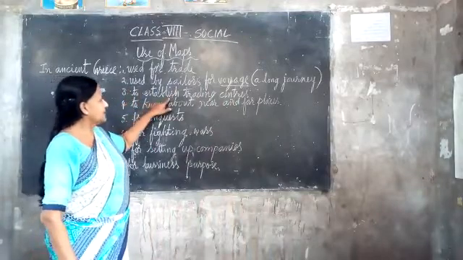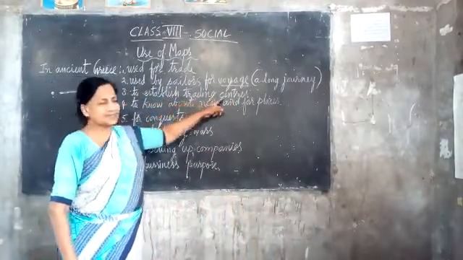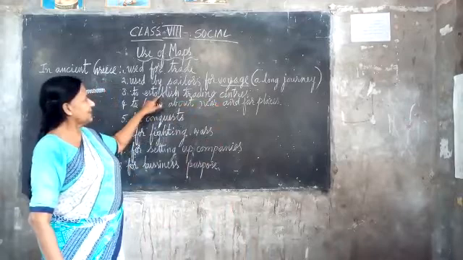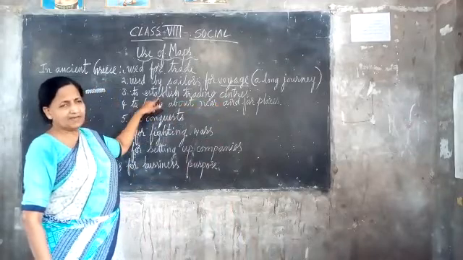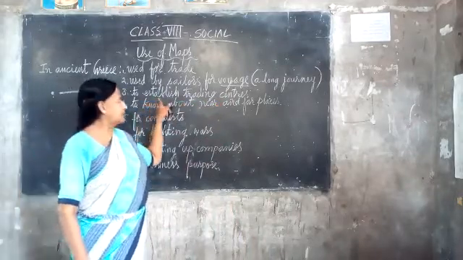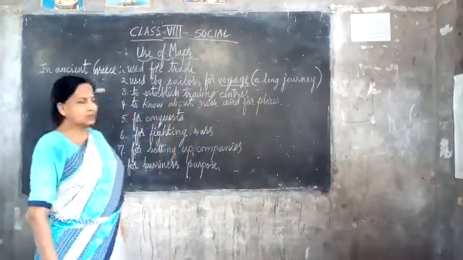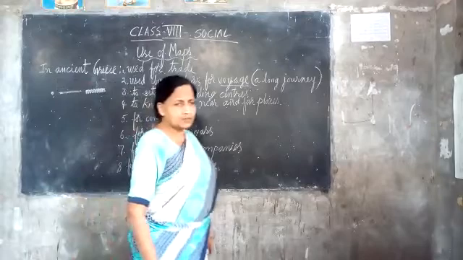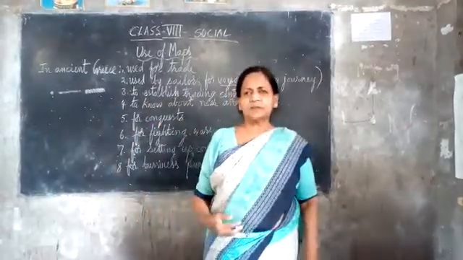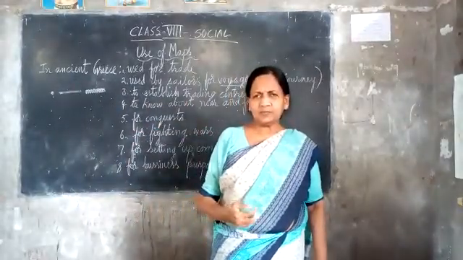Maps were used to establish trading centers. What do you mean by establish? To develop. To develop trading centers. What do you mean by trading? Exchanging of goods from one country to the other.